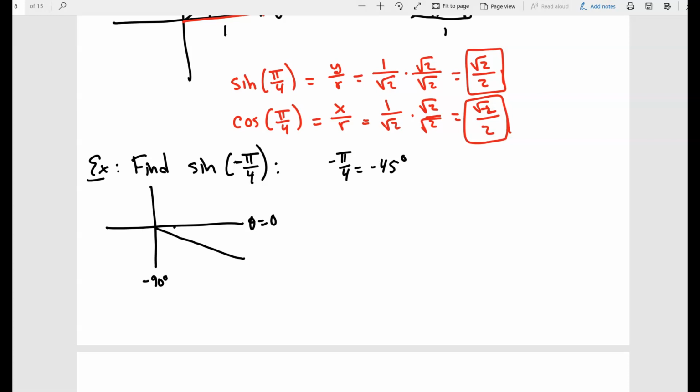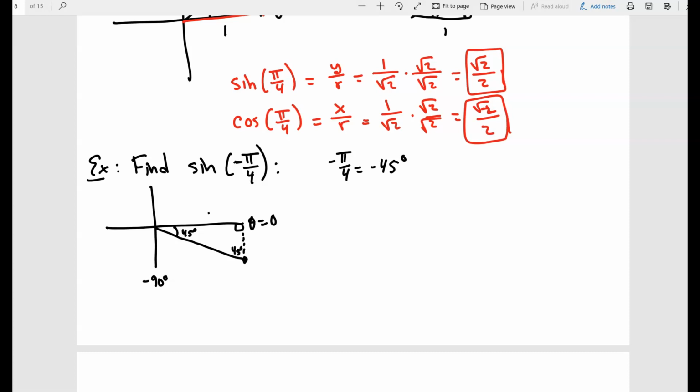Okay, so this thing is going to be negative 45 degrees. Or 45 degrees, if you want to think about it that way. But it's just negative because it's going in the opposite direction. Okay, so what I can do is, let me try to figure out what exactly this point is going to be. Well, we can still use the 45, 45, 90 triangle.